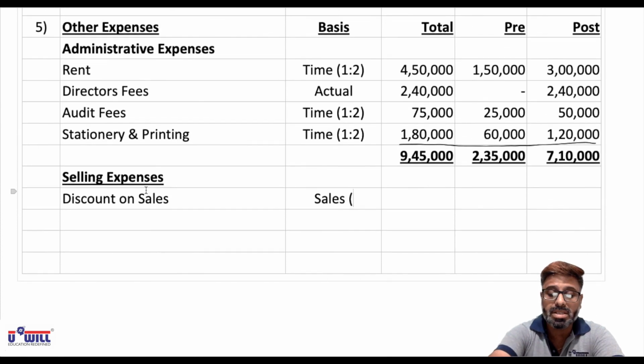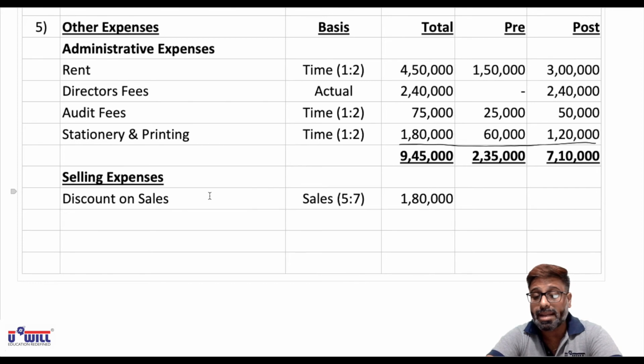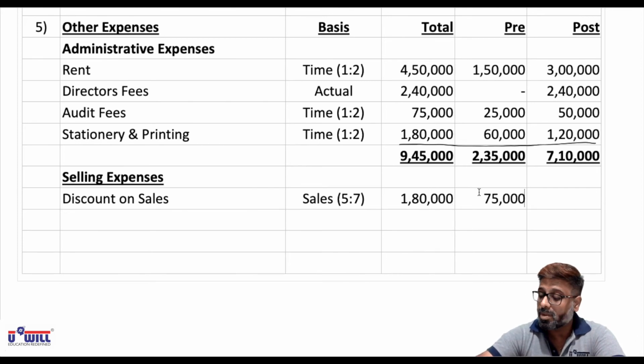So 1,80,000 into 5 divided by 12 is 75,000, and 7 divided by 12 is 1,05,000.